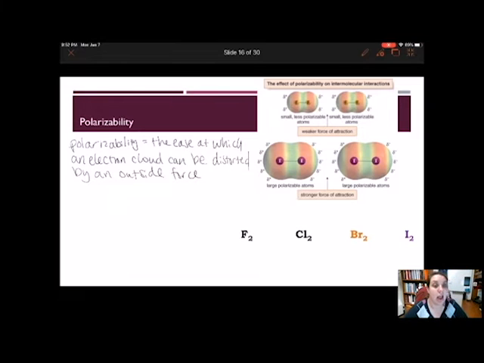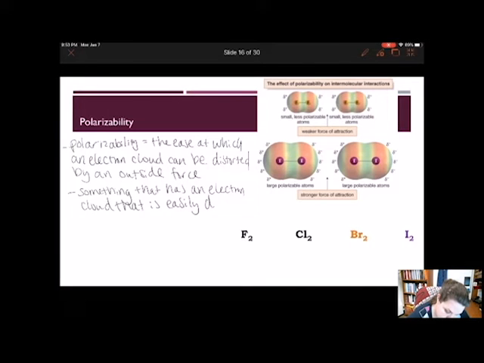Something that has electrons that are easily distorted, causing an induced dipole, is said to be polarizable. And this causes an induced dipole.